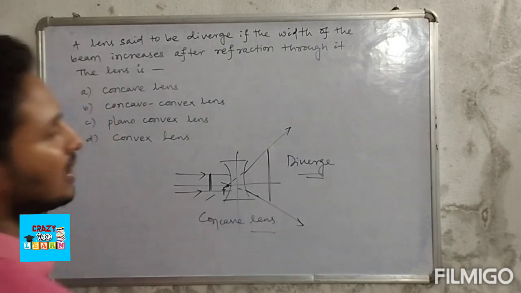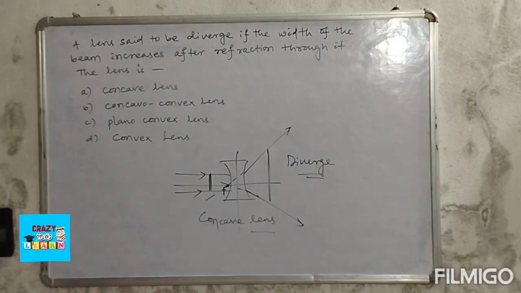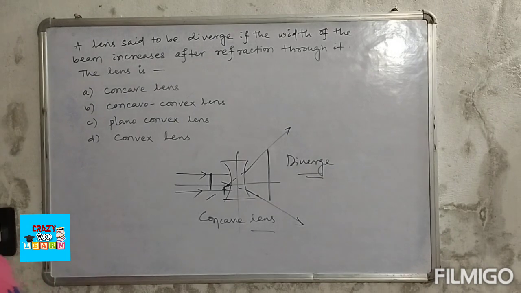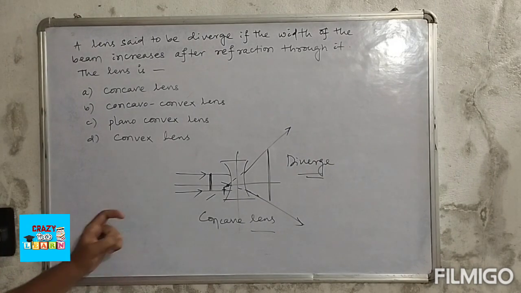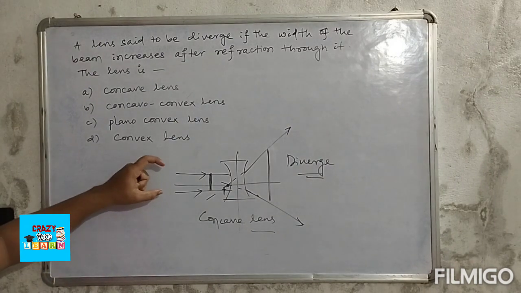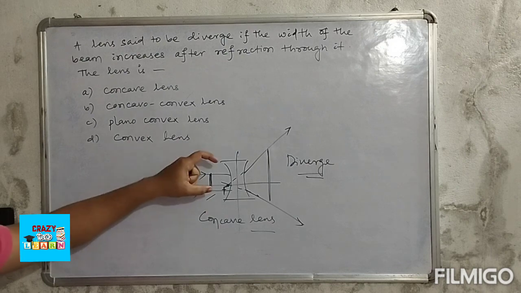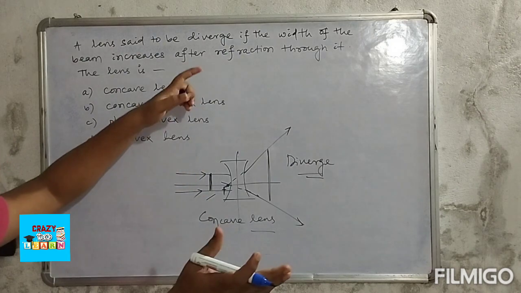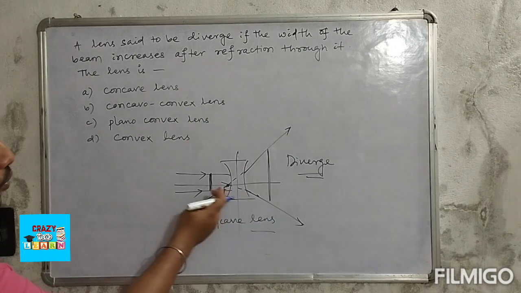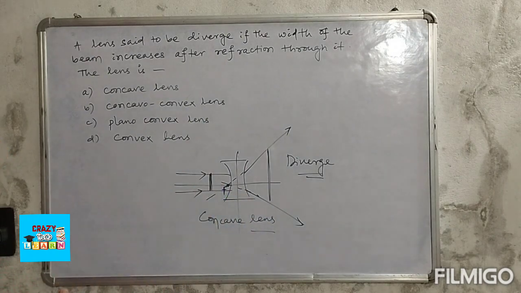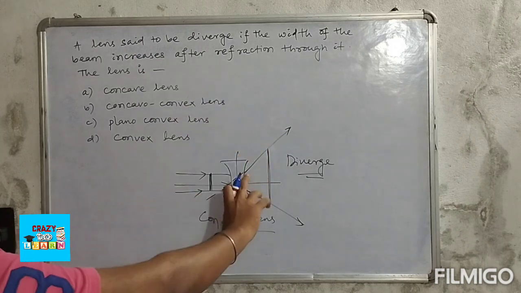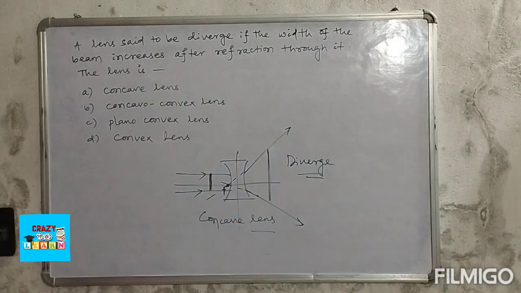So the concave lens is called diverging lens. Why? Because the light rays parallel to the principal axis, after refraction they will diverge and appear to meet at focus, and the width of the beam of light will be increased here.